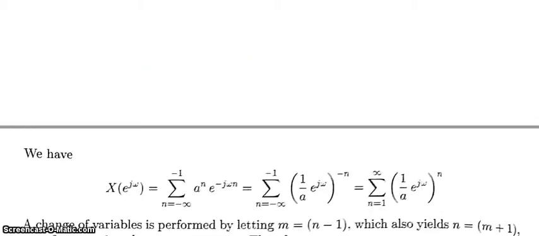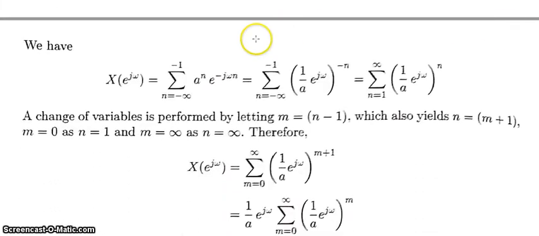Therefore, the limit of summation becomes n equal to minus infinity to minus 1 of a raised to n e raised to minus j omega n. These two terms can be combined and written as 1 by a e raised to j omega whole raised to minus n, and the variables are changed, that is, summation n equal to 1 to infinity of 1 by a e raised to j omega whole raised to n.